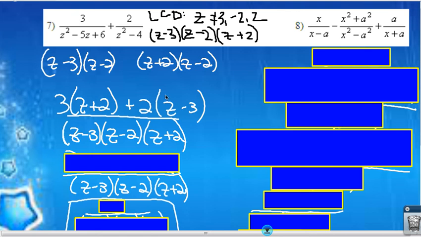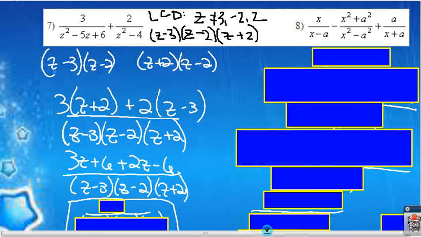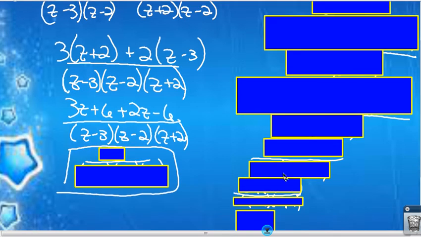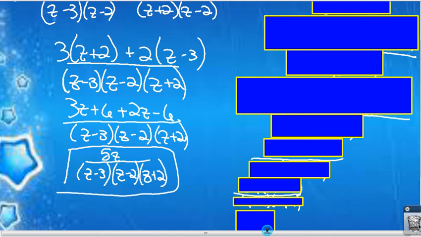Distribute the 3, distribute the 2, and you should get 3z plus 6 plus 2z minus 6. When you combine like terms here, you're going to end up with 5z over the LCD. Now, obviously, there's no way to factor 5z, so you are done at this point.